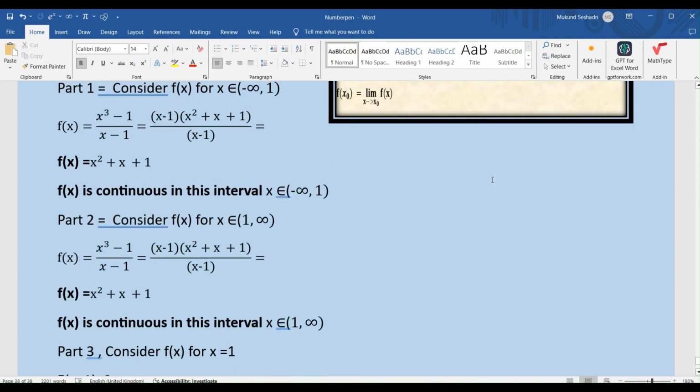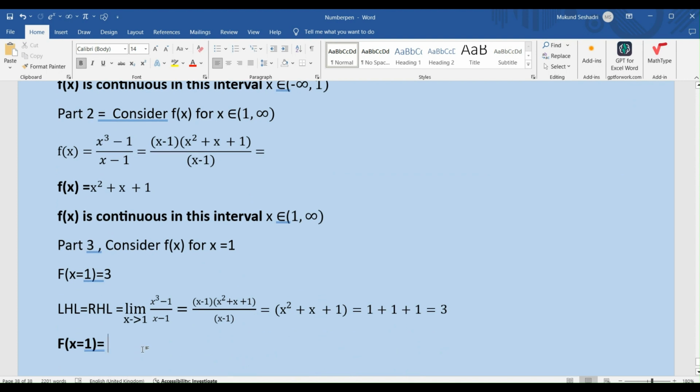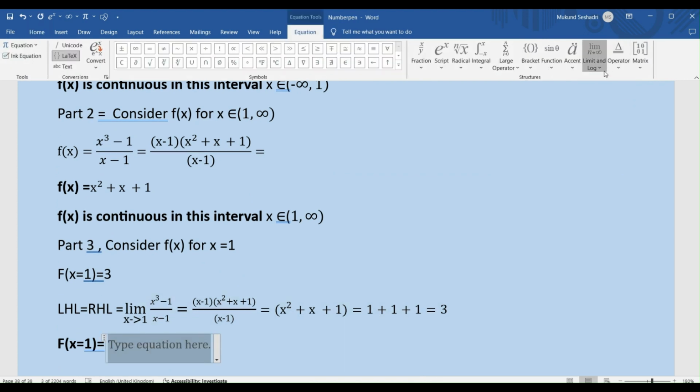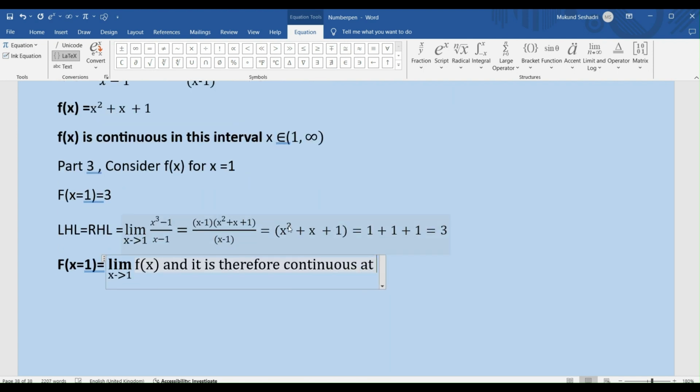So let's write that down. And this is therefore continuous at x equal to 1, right?